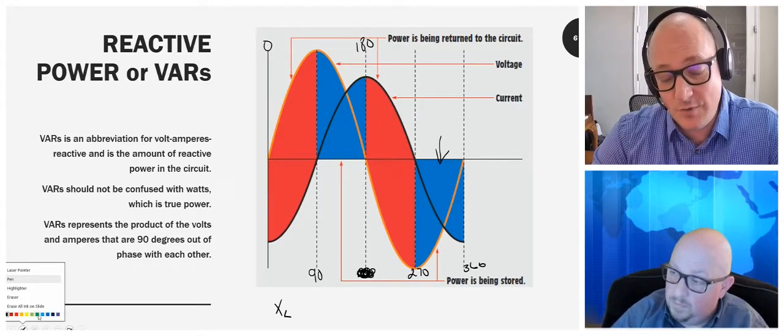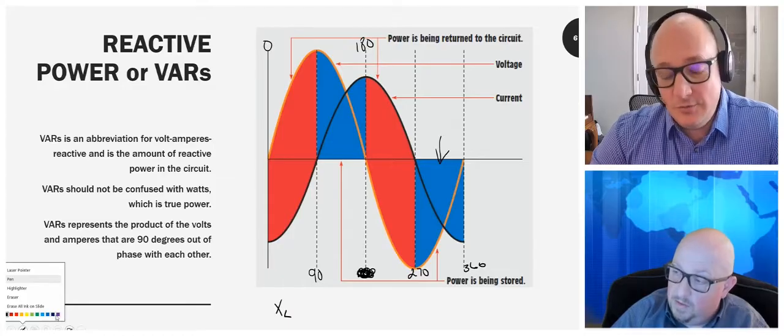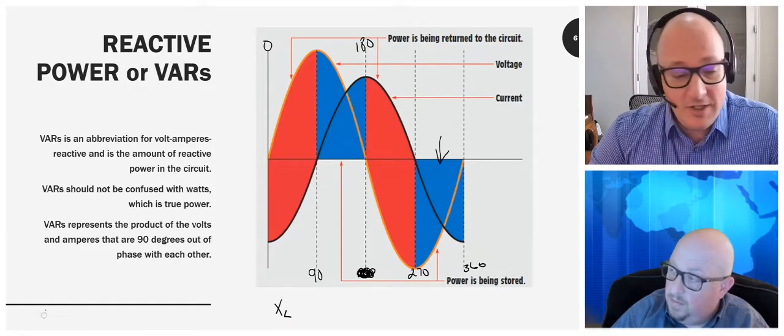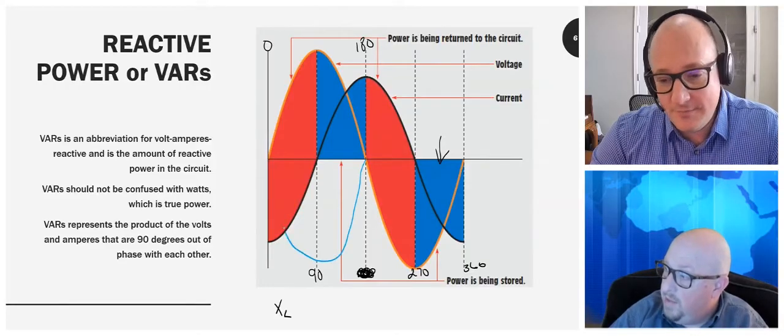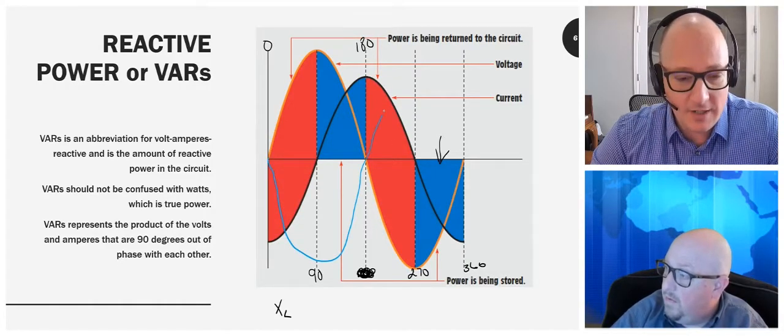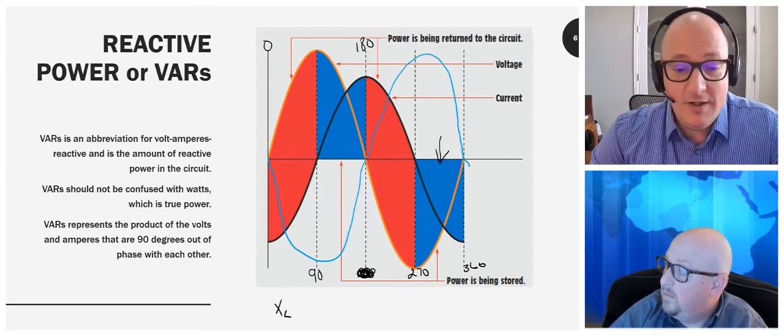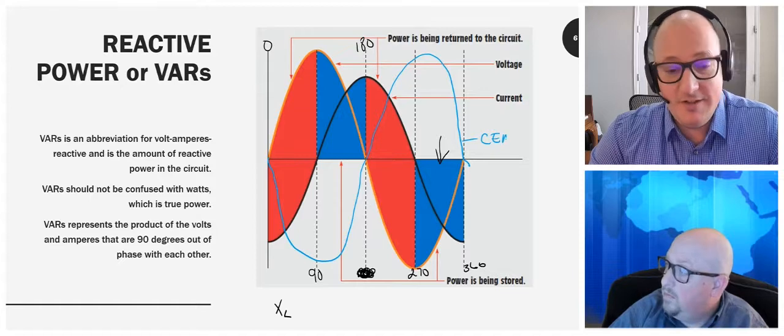That's the greatest rate of change, and at the greatest rate of change I get the highest CEMF. So you reach your peak CEMF value at 90 and 270.